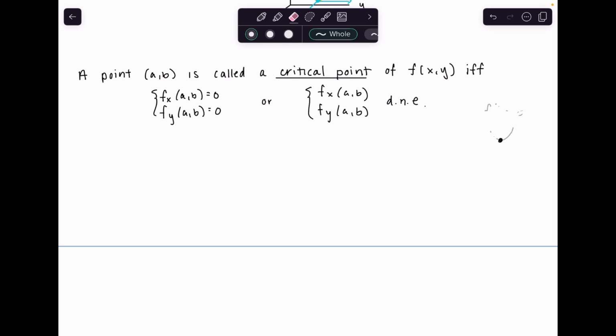So we still have a test that will help us out, and it is still called the second derivative test.